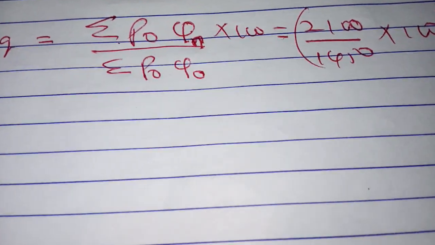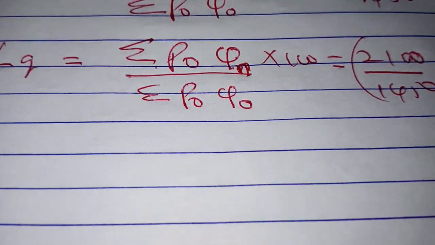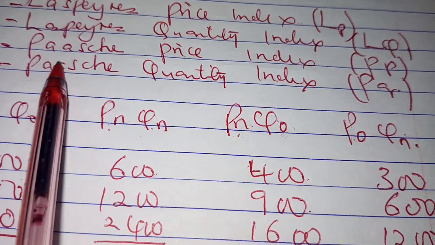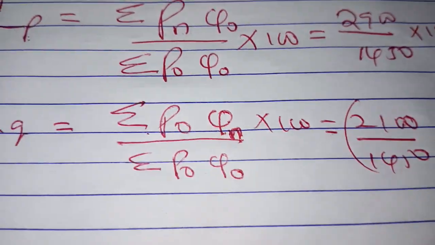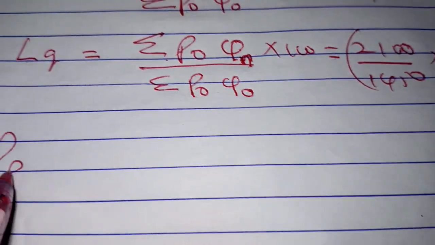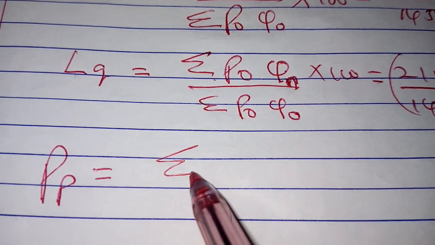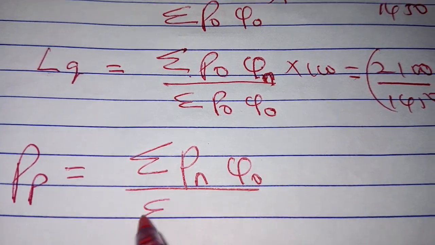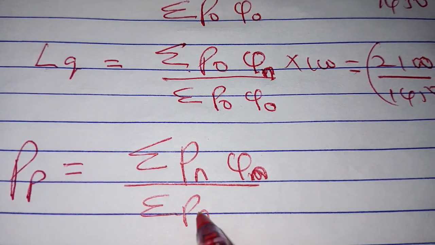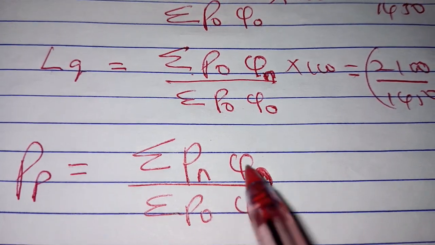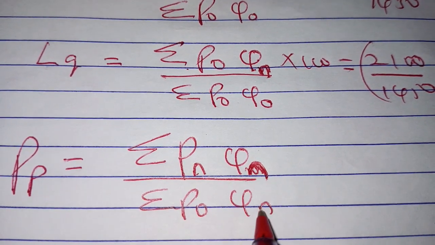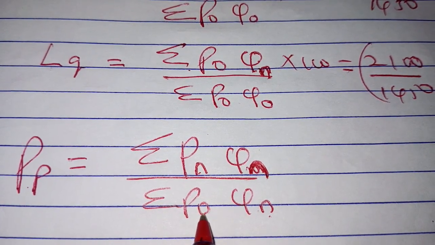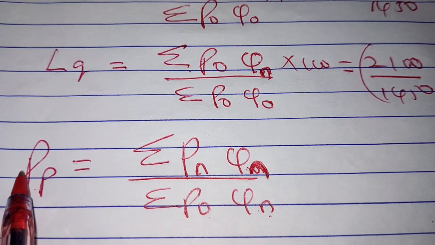That is the percentage of the Laspeyres quantity. Then we are also supposed to get the partial price index and the partial quantity index. Likewise, the partial price is given by the summation of PNQN divided by the summation of POQN. You can see the rest are PN, QN, but the P in the denominator is a zero, the PO, because we are dealing with the price.